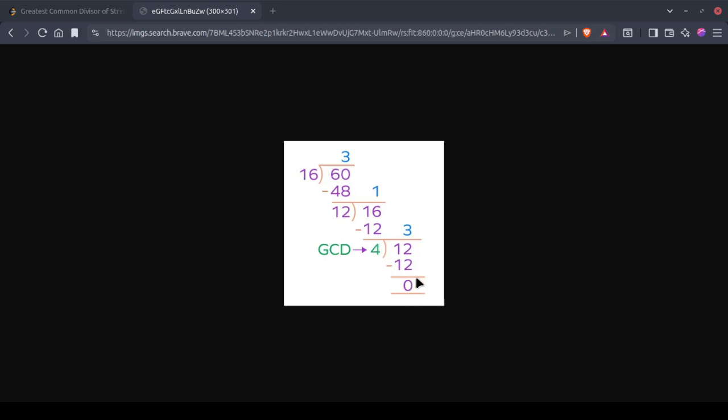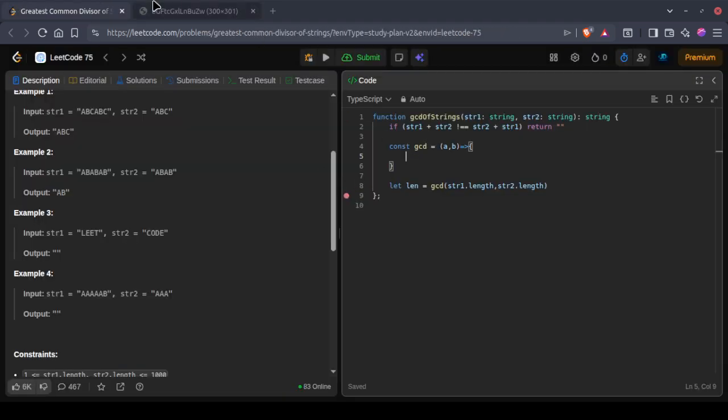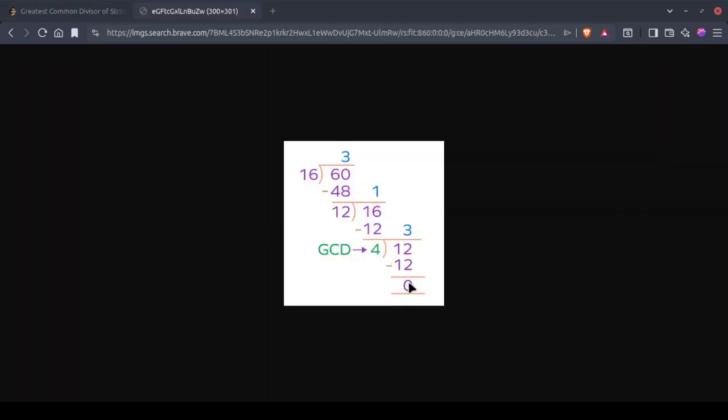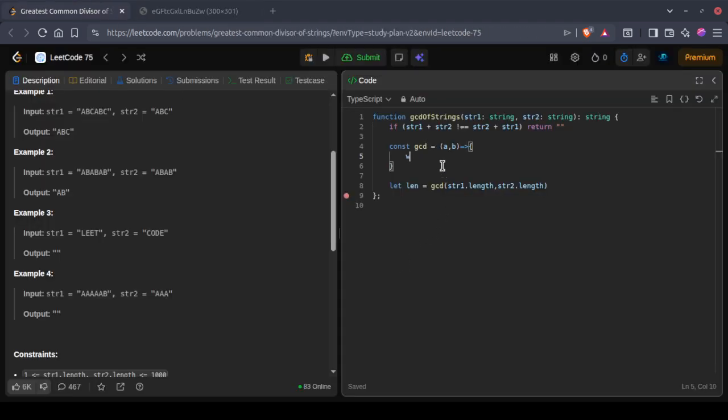which runs until this is 0, and here 0 is the b. Start a while loop. For the ladder we always use a while or for loop, right? If b is not equal to 0, do the division method.